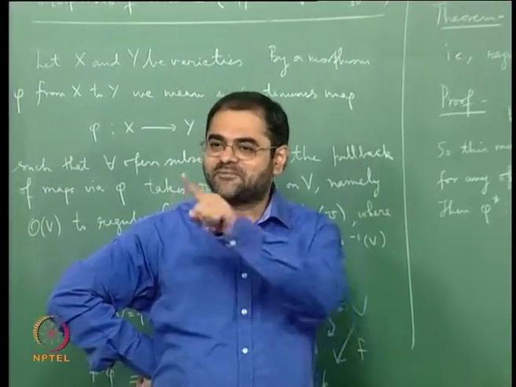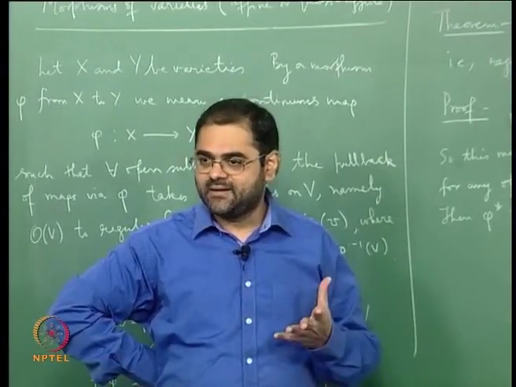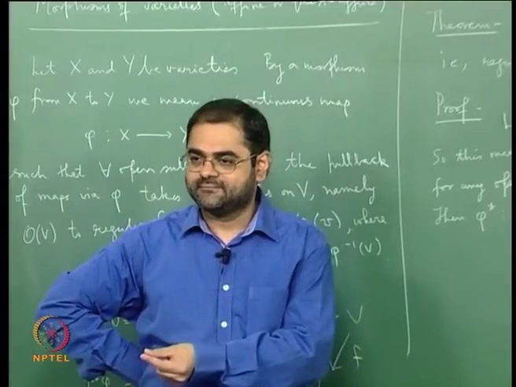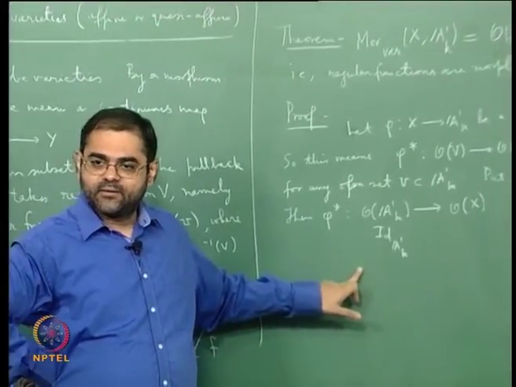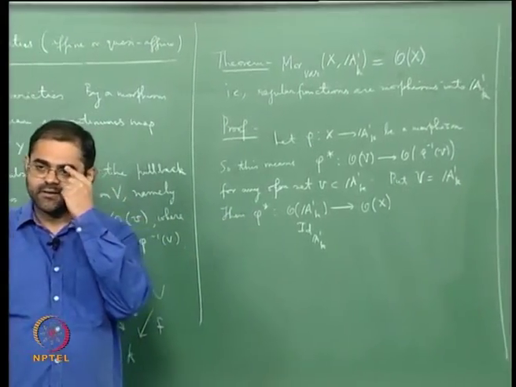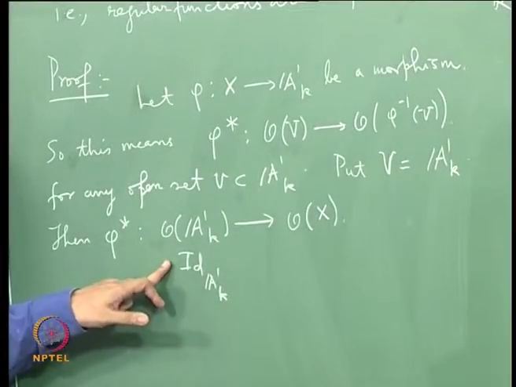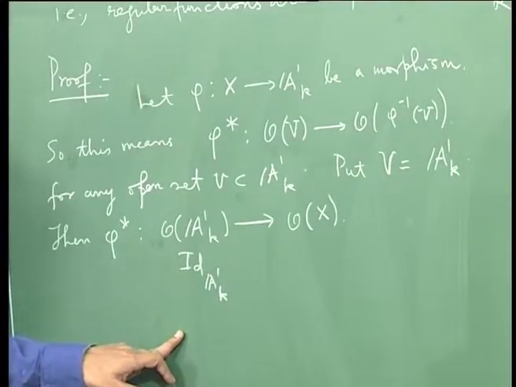It corresponds to the polynomial x. The polynomial x evaluated at lambda gives you lambda. So O of A1 is the same as A of A1. That is something that we have already seen: O and A coincide for affine varieties. So the identity map in O of A1 corresponds to the function defined by the polynomial x.